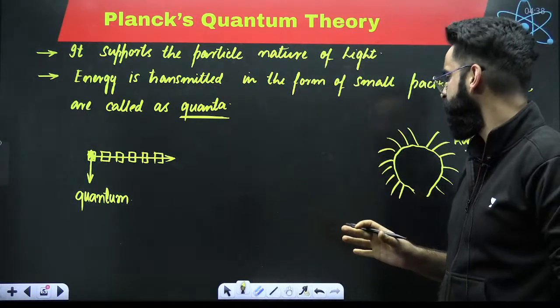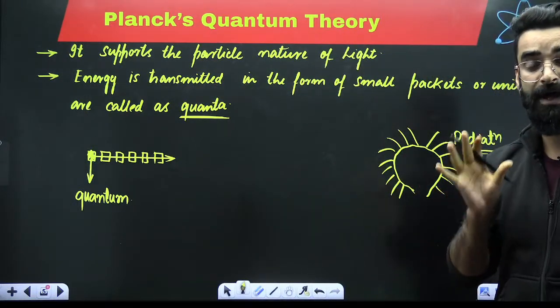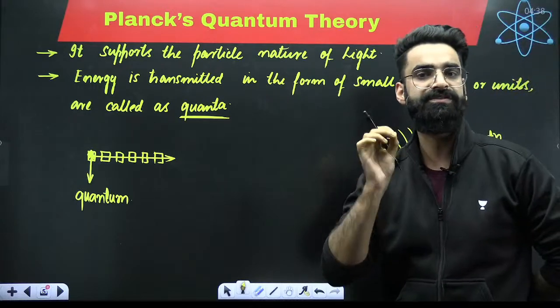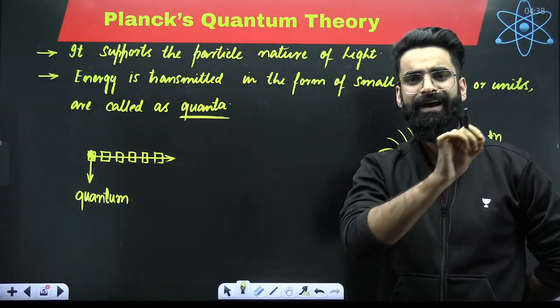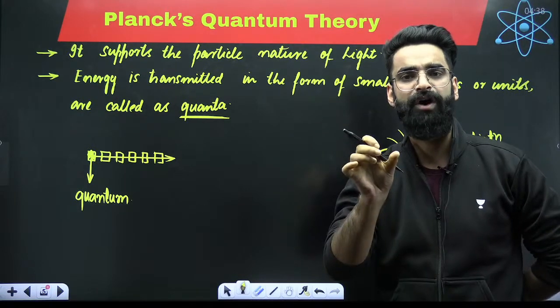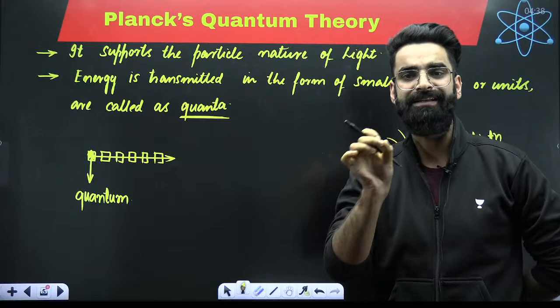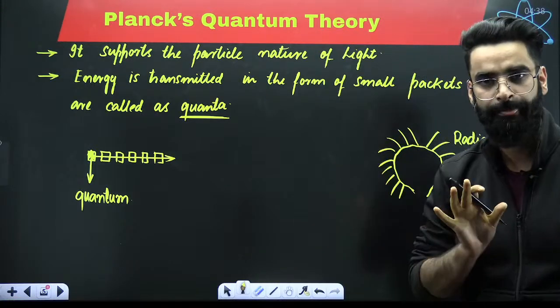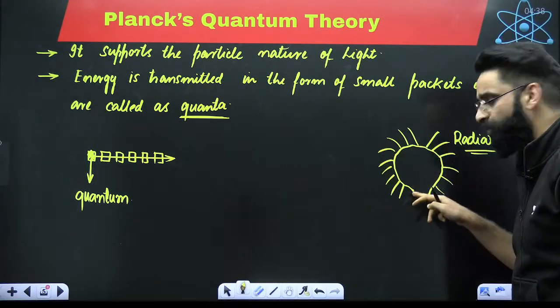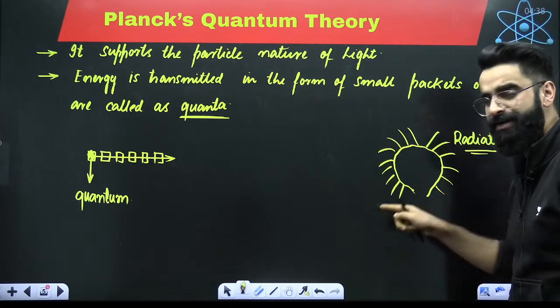Whenever I talk about Planck's quantum theory from now onwards, only one thing should strike my mind. What is that? Energy is transmitted in the form of small packets, small units, and these small units are what we call quanta. For example, this was the source of energy continuously emitting radiations.